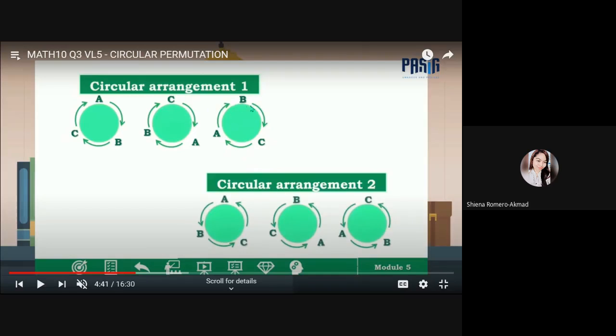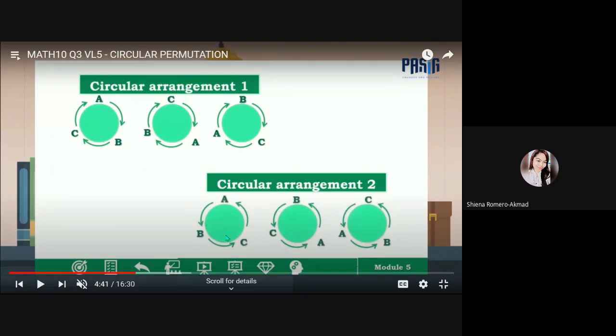So, masasabi natin that whenever we have a circular permutation, kahit na magbago sila ng upuan, as long as kung sino yung nasa kanan nila or nasa kaliwa nila hindi nagbabago, all the arrangements are all the same. So meaning, the circular arrangement 1, hindi nagbago kung sinong nasa kanan at kaliwa ng mga to. Ibig sabihin, hindi nagbago yung arrangement nila.